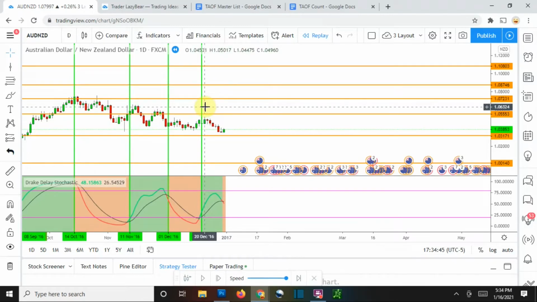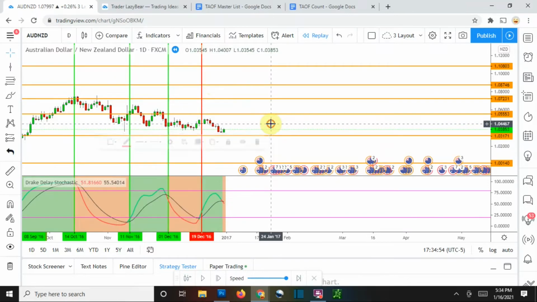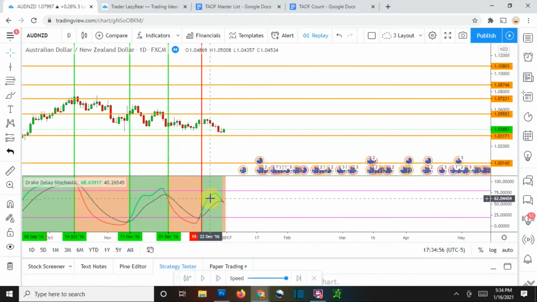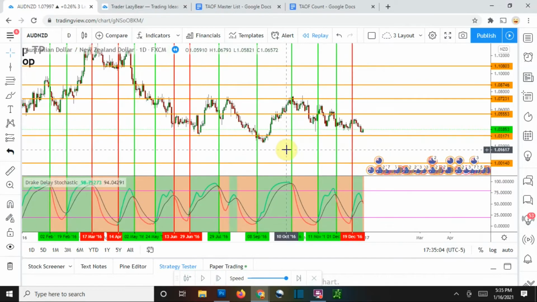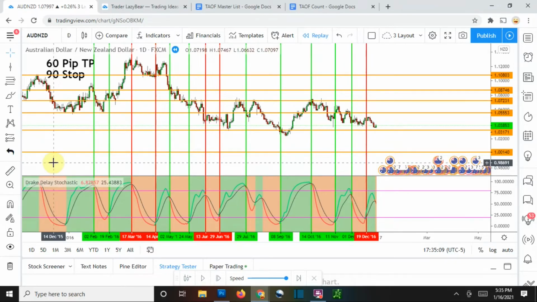Let's see, high, nope, didn't quite make it. It was close, but not quite. We did not pick up a signal on this one because it never broke up above the upper line there, and that will put us at the end of the year right there.